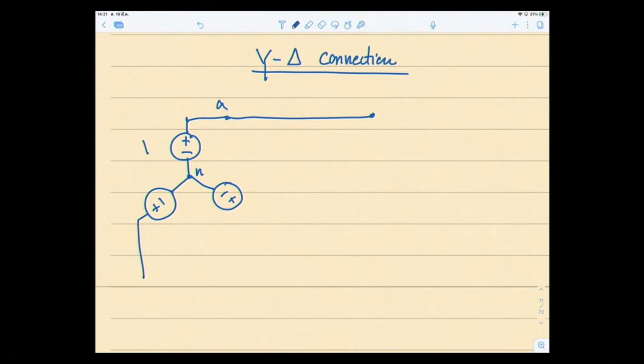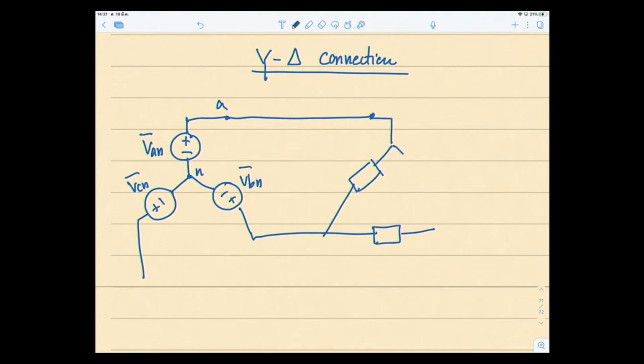So this is VAN still, okay, VCN, VBN, and it's connected to a delta load. So this is your Y delta connection for three-phase system.